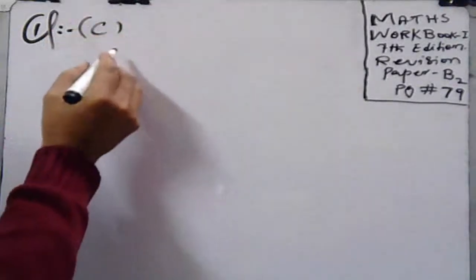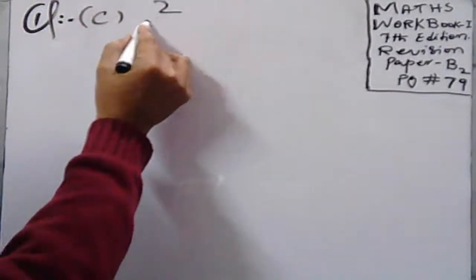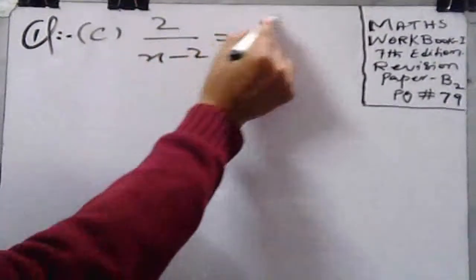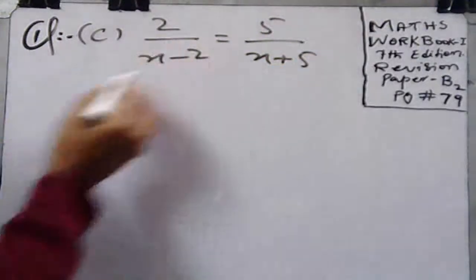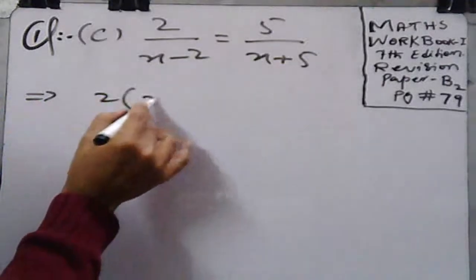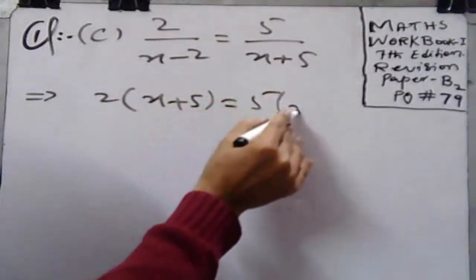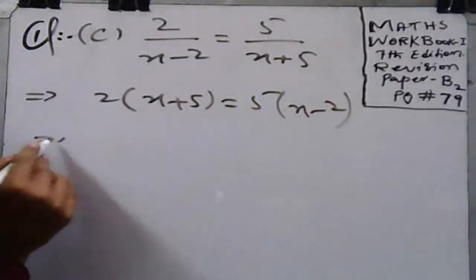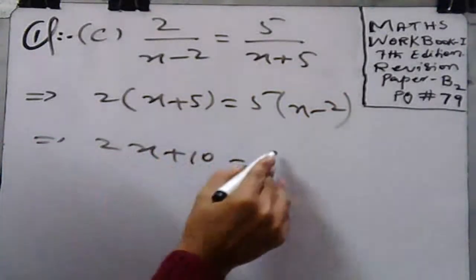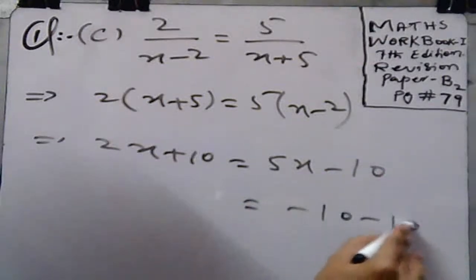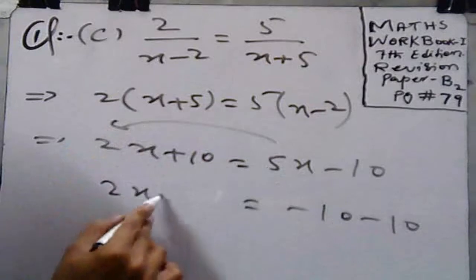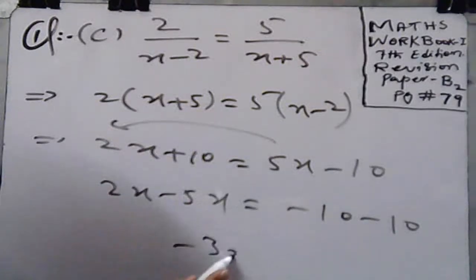Now coming to the C part. In C part you can see 2 by (x minus 2) is equal to 5 divided by (x plus 5). By using cross multiplication, 2 into (x plus 5) and 5 into (x minus 2), so 2x plus 10 is equal to 5x minus 10. The constant terms should be shifted to one side, so you will get 2x minus 5x, here 3x is equal to minus 20, so the value of x is minus 20 by minus 3.